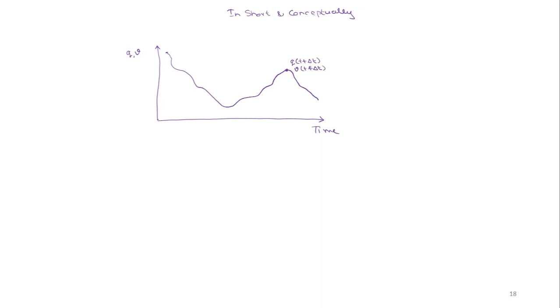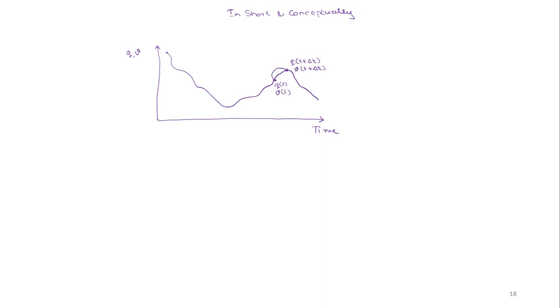Okay, and we can compute this information of your protein from the previous time step, when your protein had coordinate q of t and velocity v of t.